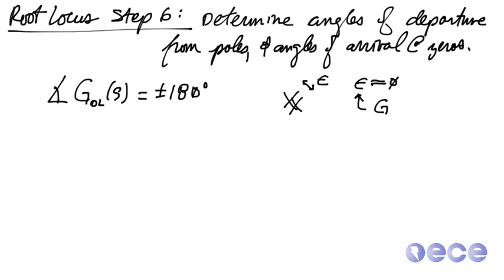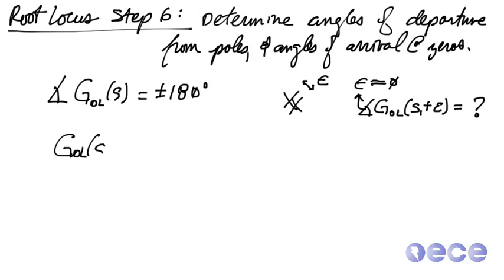So what is GOL of S1 plus epsilon? We're going to look for this angle. That angle is going to tell us, relative to minus 180 degrees, how the angle is going to be either departing or arriving.